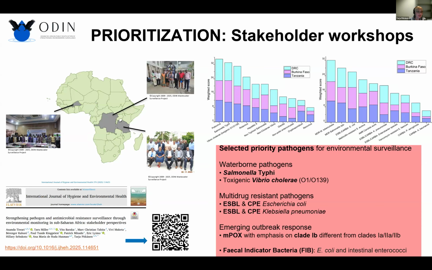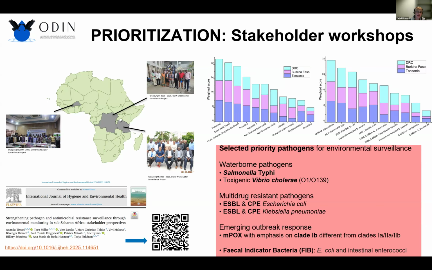We have published in the International Journal of Hygiene and Environmental Health a peer-reviewed scientific paper explaining how the stakeholder workshops were organized and what kind of outcomes we gained from them. On this slide, you can see the QR code to this paper to read more about how to do the prioritization.